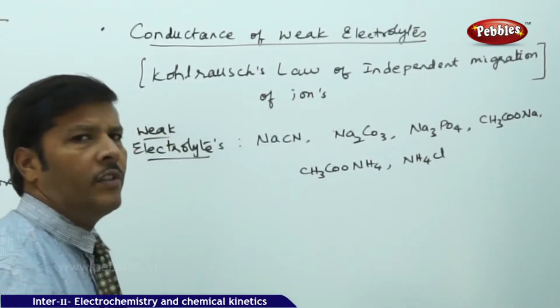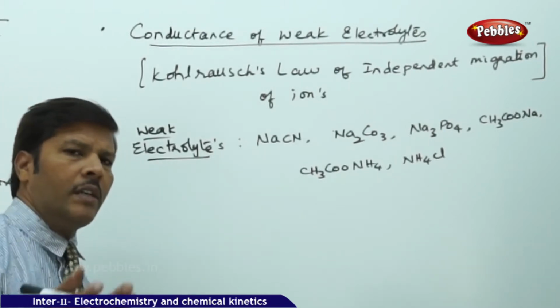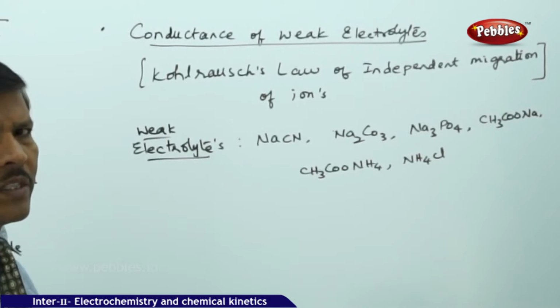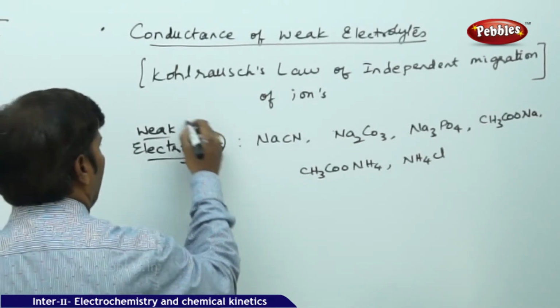In all the salts in which either the acidic or the basic part is weak, the overall salt is going to become a weak salt, and weak salts are nothing but weak electrolytes.